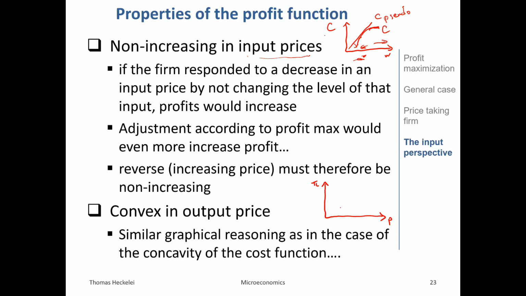And you have a straight line that is pi pseudo, I call it that way. But now profit is convex. So this is your actual pi.